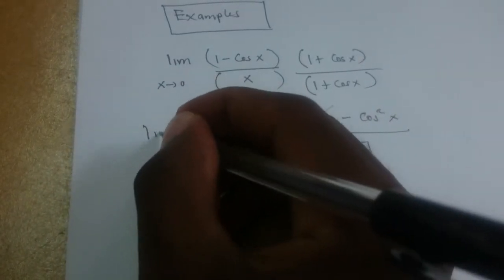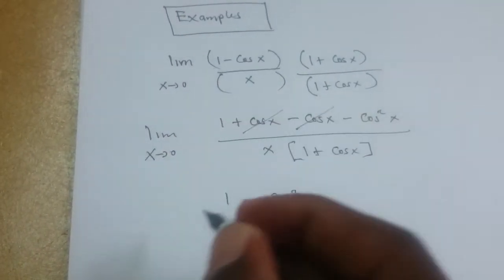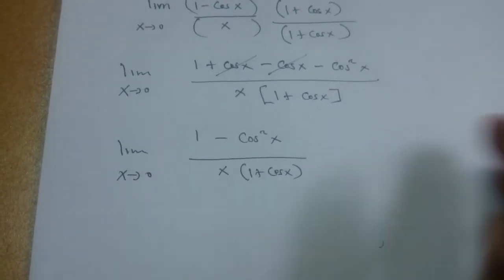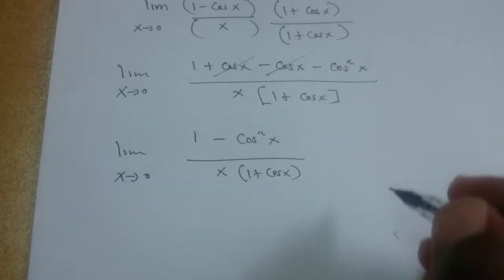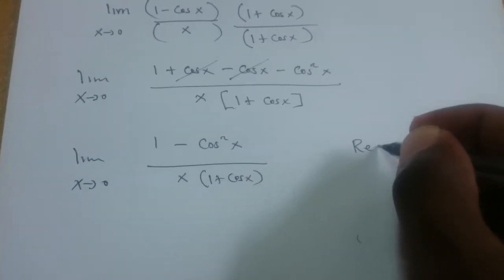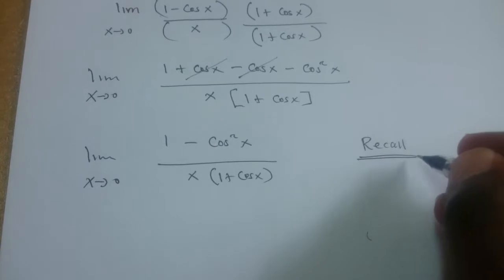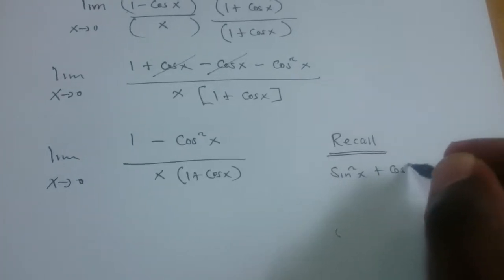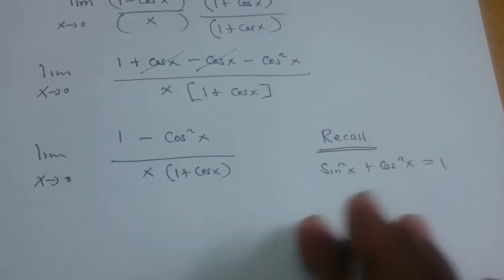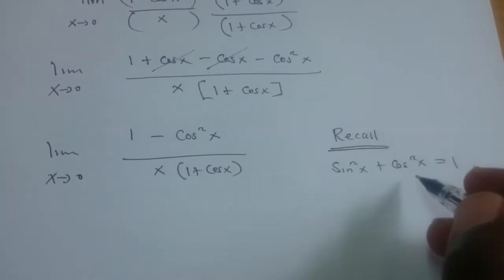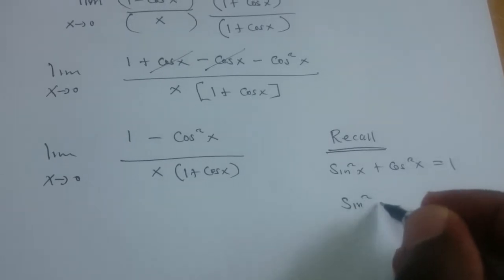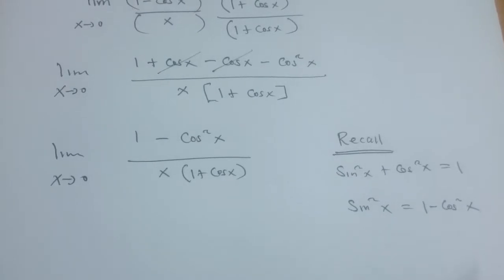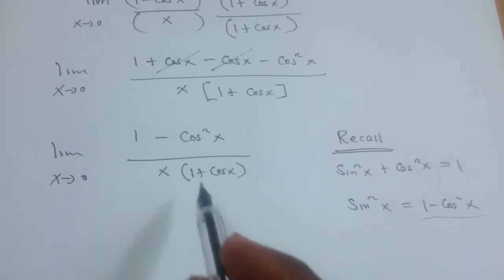Remember, don't forget to keep writing the limit as x is approaching 0. Here we should recall that sine squared x plus cos squared x is equal to 1. So you can write sine squared x is equal to 1 minus cos squared x.